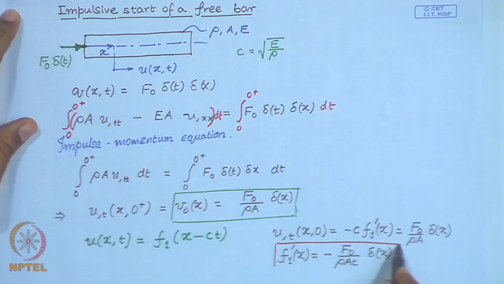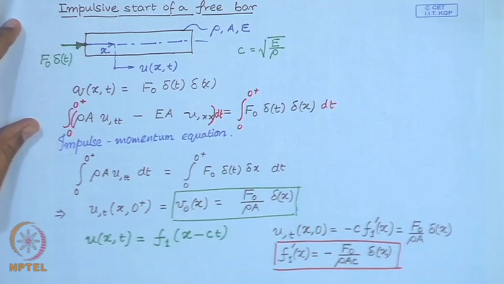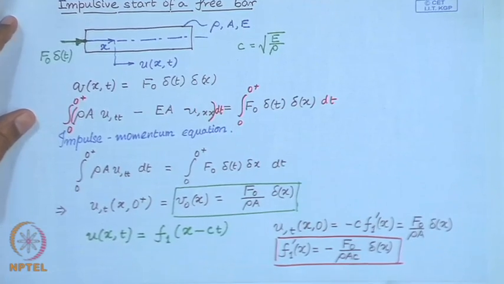So, we have this f 1 prime. Now, we must integrate this to obtain f 1.